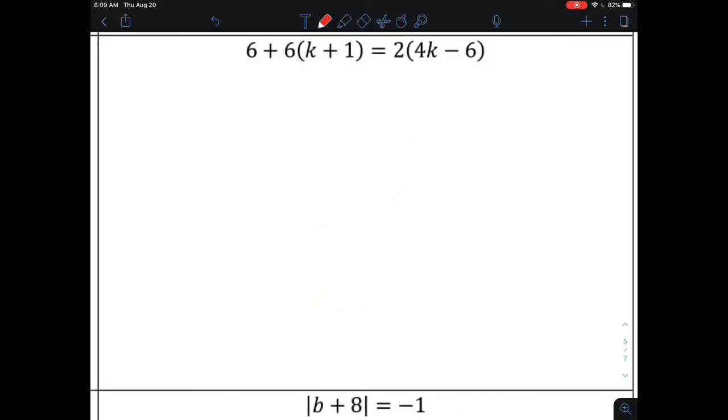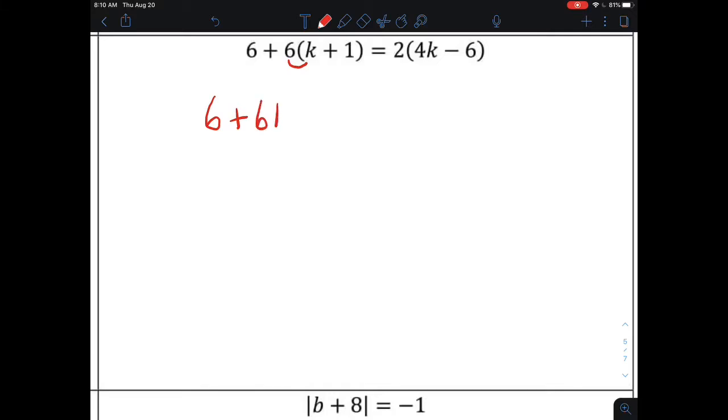Here we have variables on both sides of the equal sign, but I can't necessarily move anything until I apply the distributive property and fully expand the problem. So that's how we're going to proceed. So I'm going to start rewriting the problem here. I got 6 plus, I got to take that 6 that's outside of the parentheses of the k plus 1 and multiply it to everything inside of there.